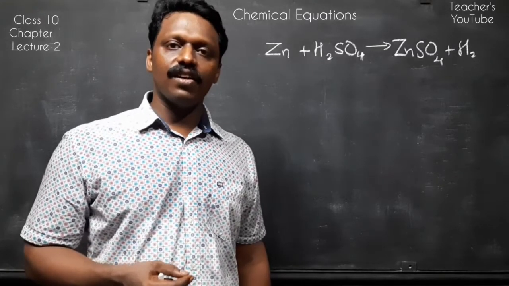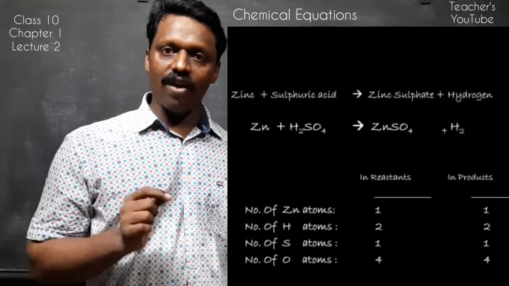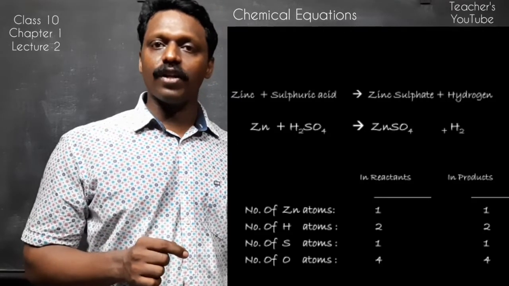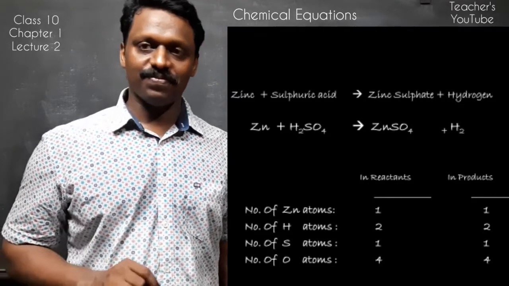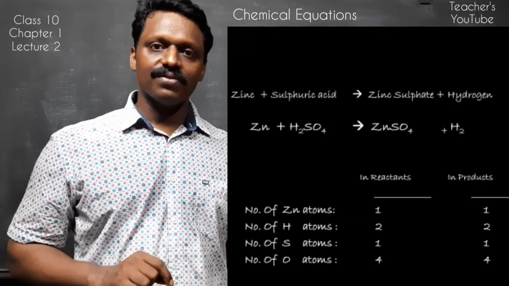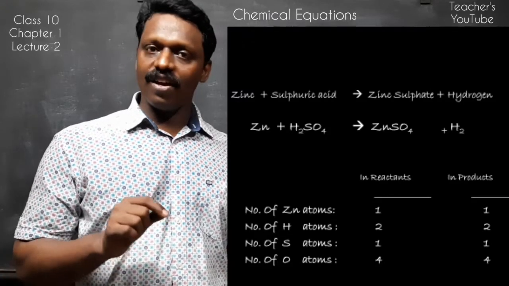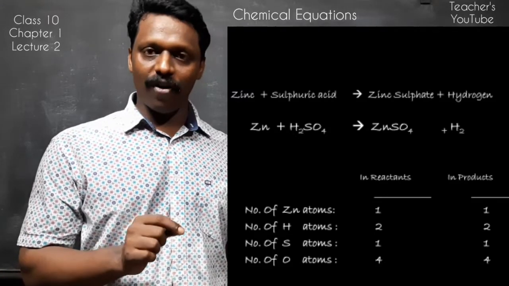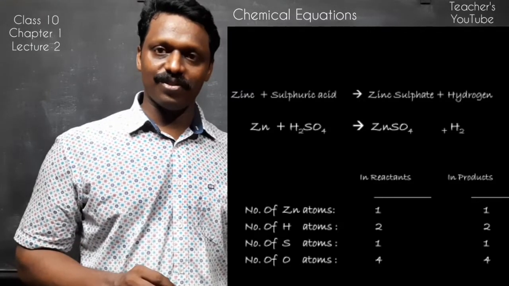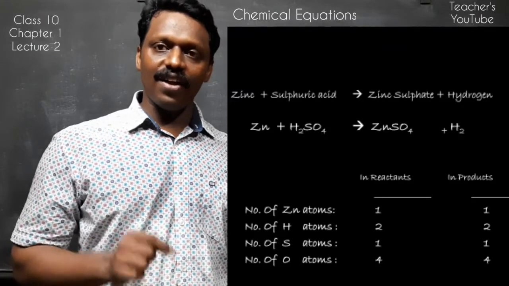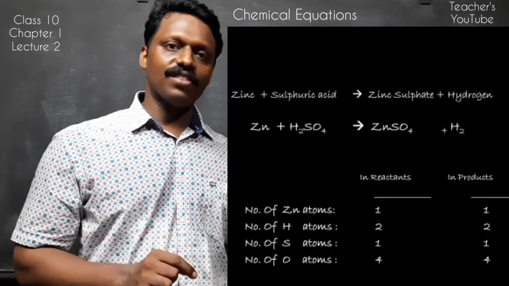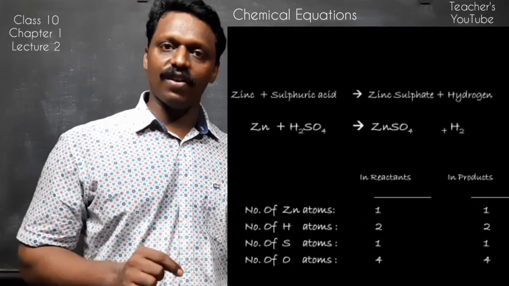We find that the reactants contain 1 zinc atom and the product also contains 1 zinc atom. Reactants contain 2 hydrogen atoms and the product also contains 2 hydrogen atoms. Similarly, reactant contains 1 sulfur atom and products also contain 1 sulfur atom.